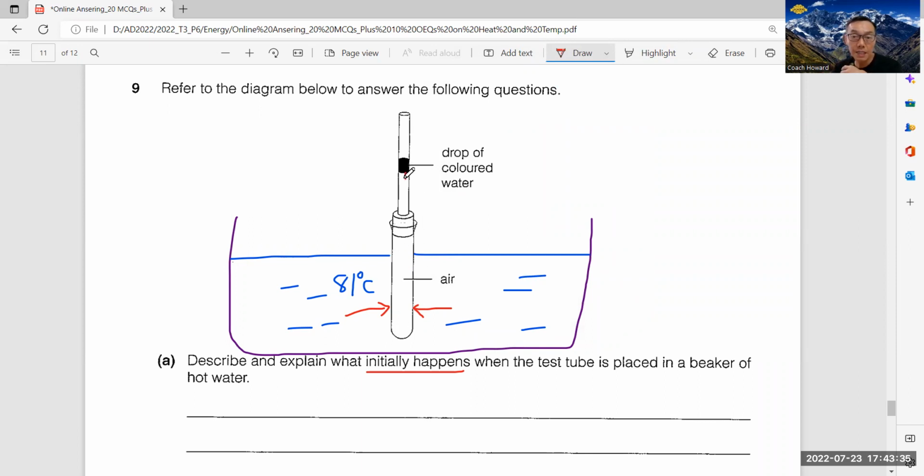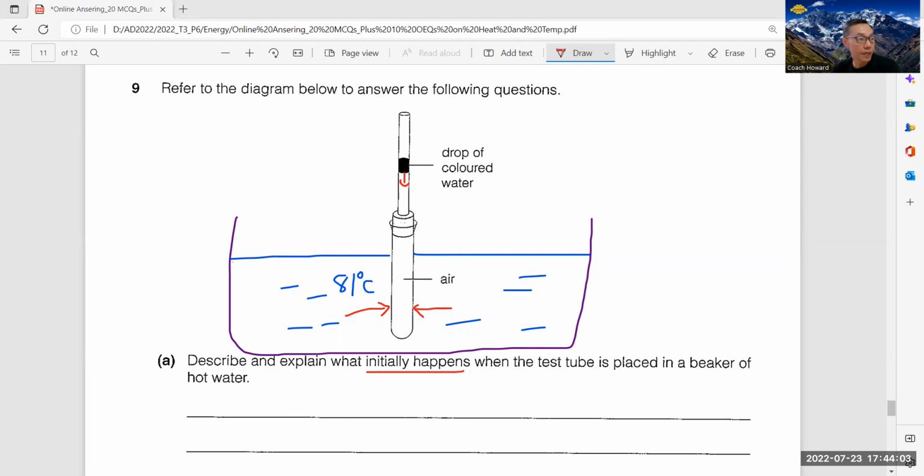So initially you will see the droplet of water drop a little bit, maybe like 3 millimeters at first. Okay, because the test tube gains heat and expands faster than the air inside. Because the air is being separated by this test tube. So the test tube actually gains heat first.